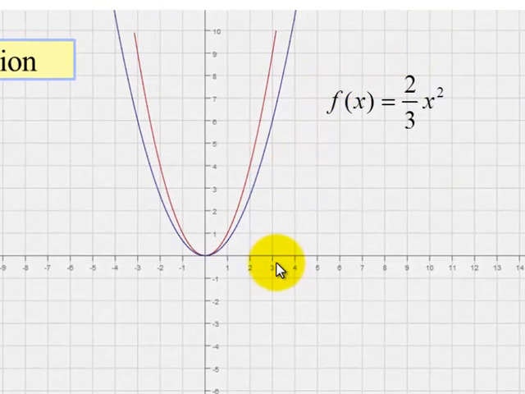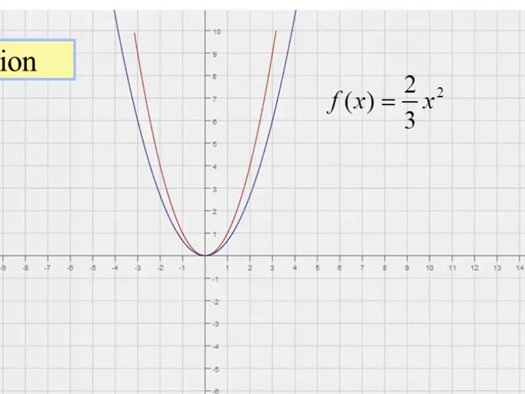So when x is 3, we take 3, we square it, we get 9. 9 times 2/3 is the same thing as 9 times 2 divided by 3, which is 6. When x is 3, y is 6. So if we look at the relationship here between x squared and 2/3 x squared, 2/3 x squared is wider.